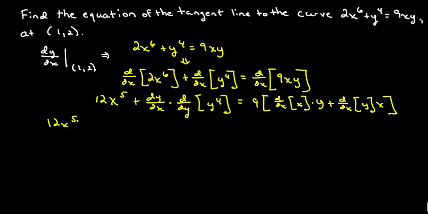So that'll give us 12 times x to the 5th plus dy/dx times 4y to the 3rd is equal to 9 times the quantity. This guy right here is 1. This guy right here, again, chain rule.